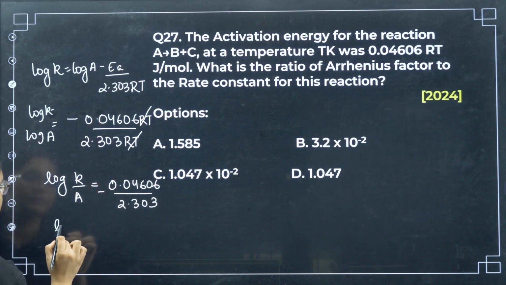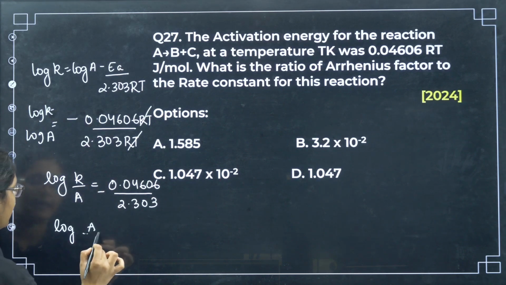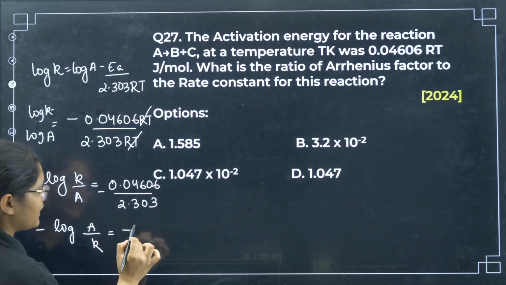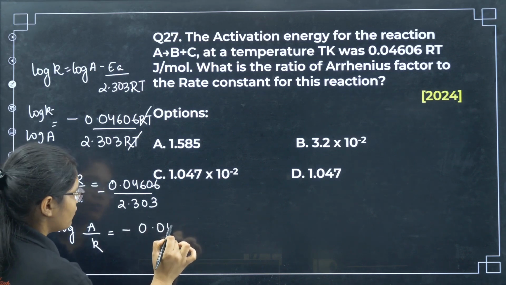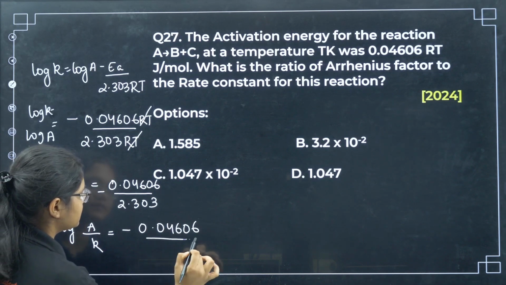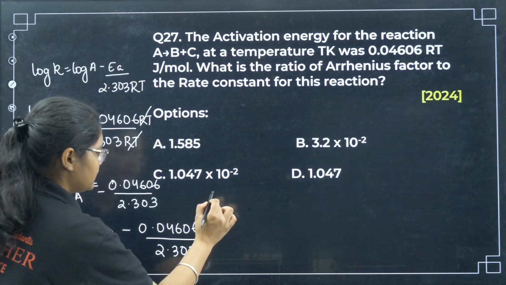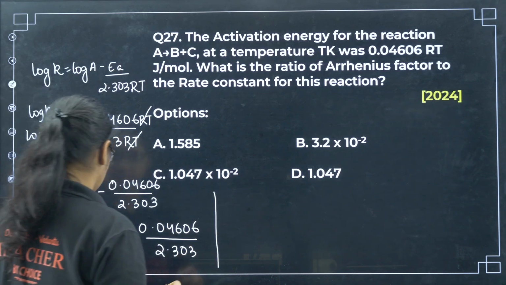So this can also be written as log of A by K is equal to minus 0.04606 divided by 2.303.